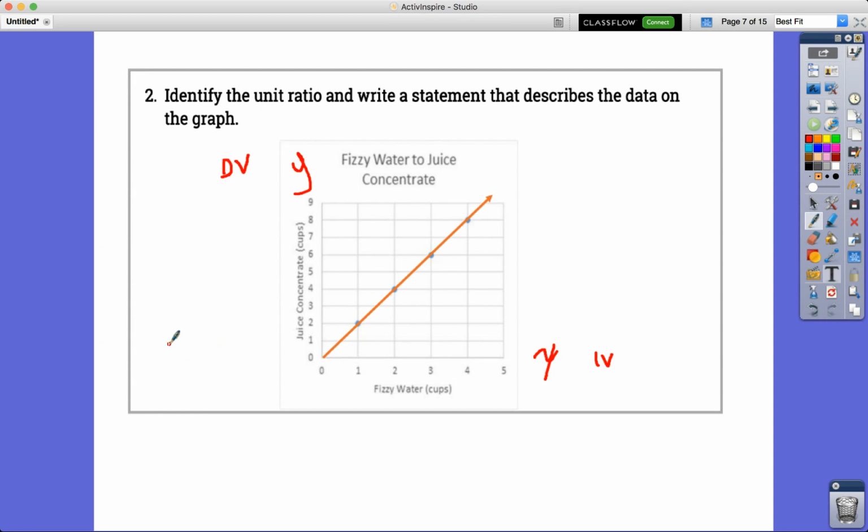And your ratio for fizzy water to juice concentrate is 1 to 2. Make sure you have that statement written down. You're comparing fizzy water to juice concentrate, and your ratio is 1 to 2. So that you have that statement completely written, pause the video here for another minute. Make sure you have all the details recorded, and then we'll continue.